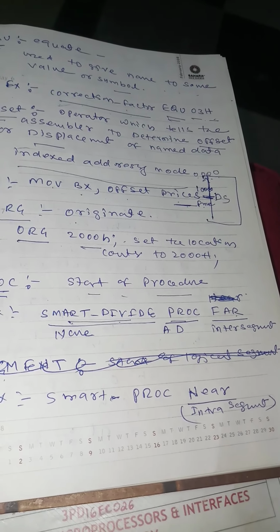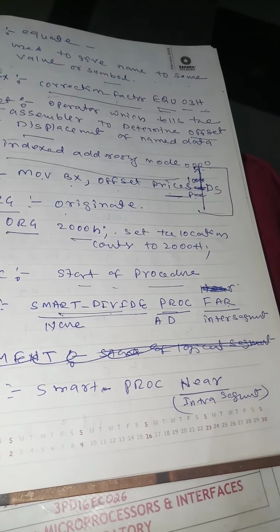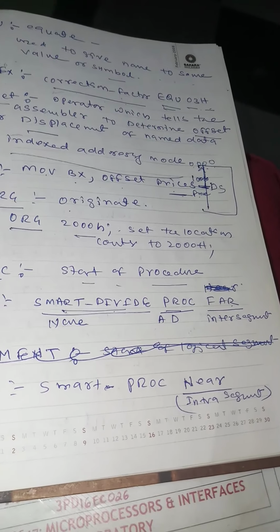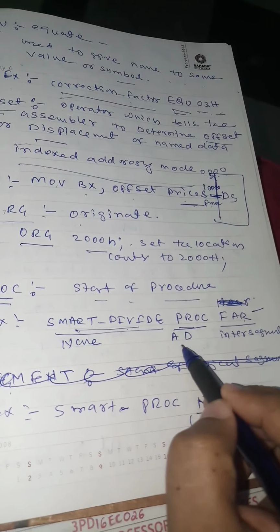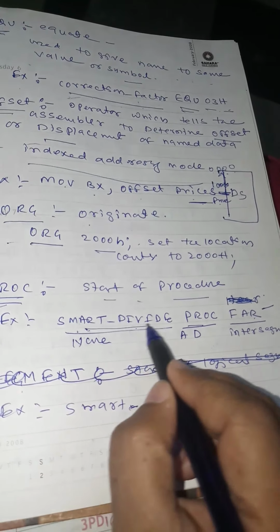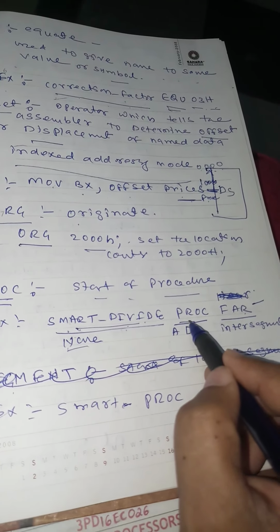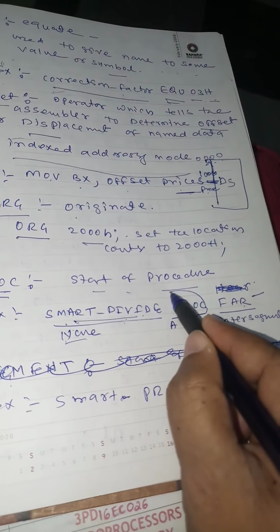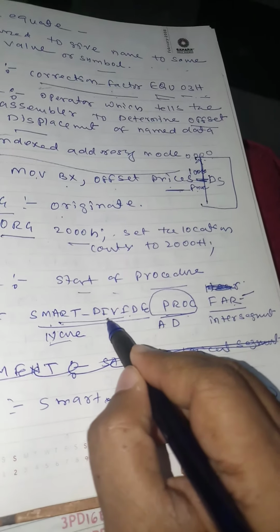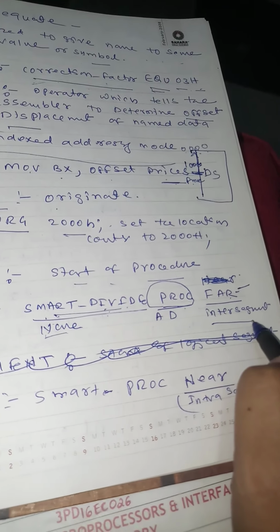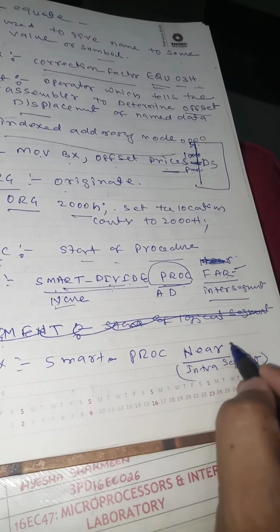A proc which is present outside of the segment is called inter-segment, and it is initialized by using far. Here smart divide is the name of the procedure, and PROC is an assembler directive, a pseudo code. The type of procedure is far, meaning the procedure is present in another segment. One more is near.